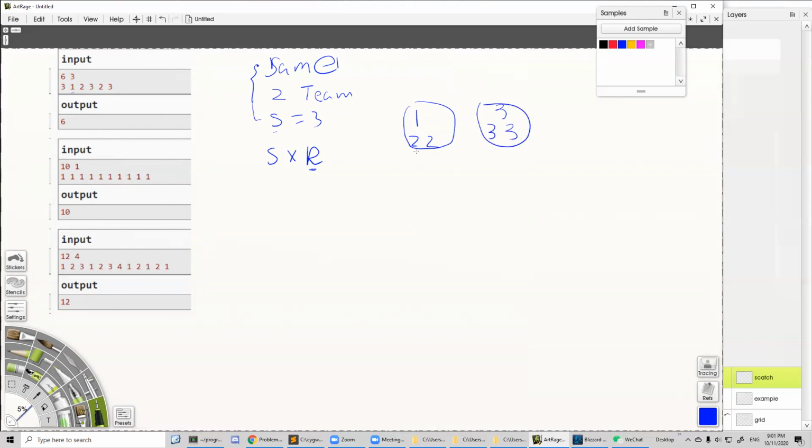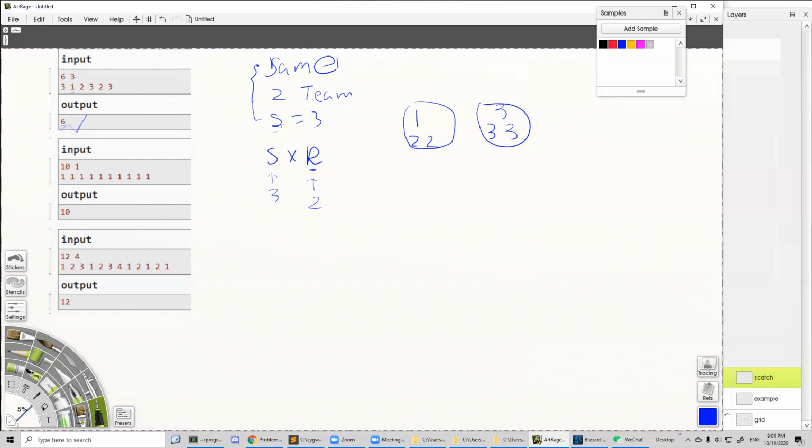So the total number of buses we need is 2. So R here equals 2, and S here equals 3. So the total cost is 6. And this has to be the minimum cost. Obviously, we don't have better solutions. So we output 6 here.